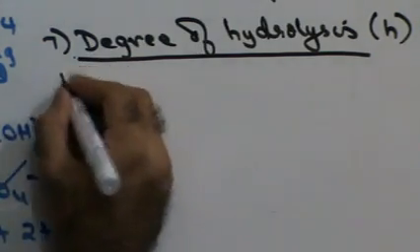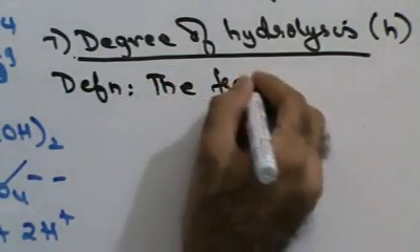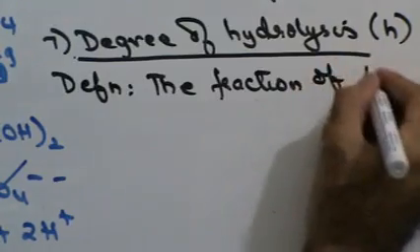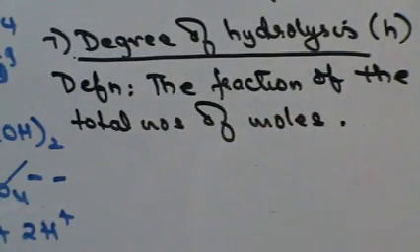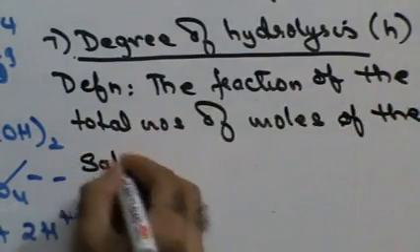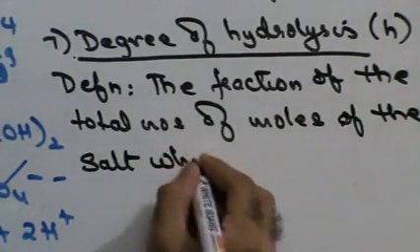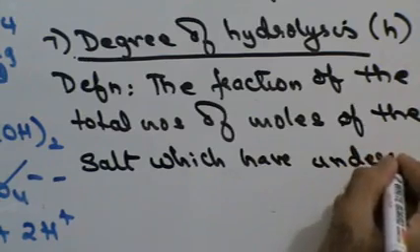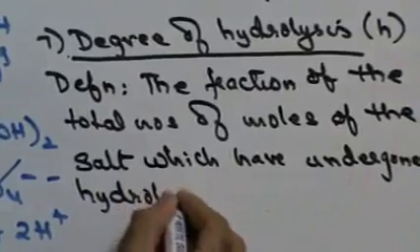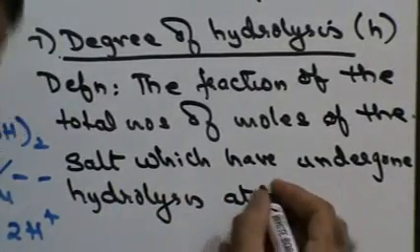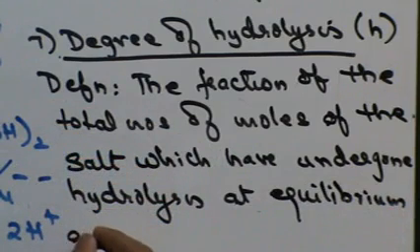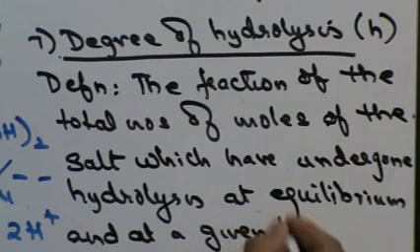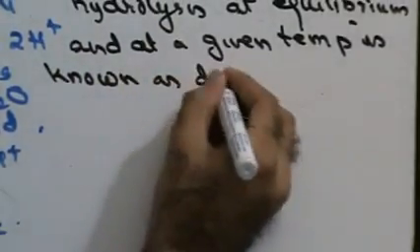So the definition of degree of hydrolysis: the fraction of the total number of moles of the salt which have undergone hydrolysis at equilibrium and at a given temperature is known as degree of hydrolysis.